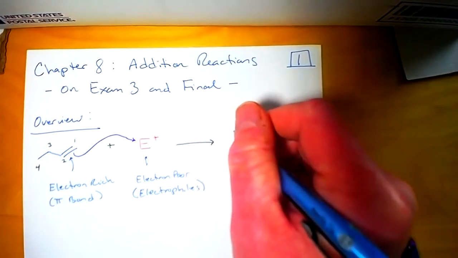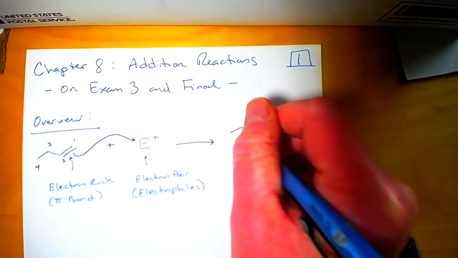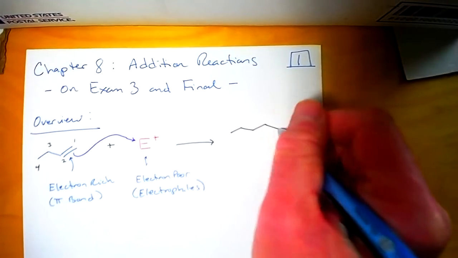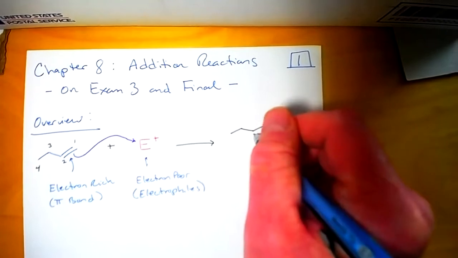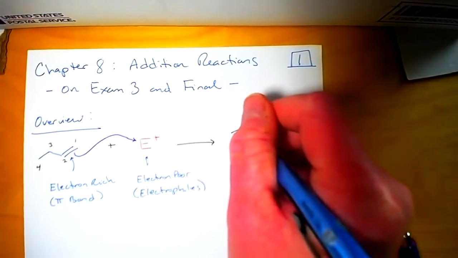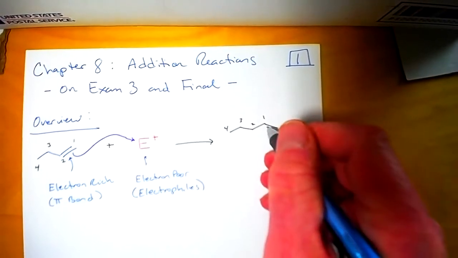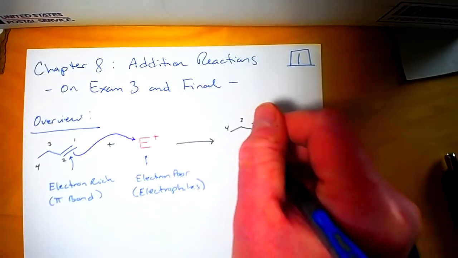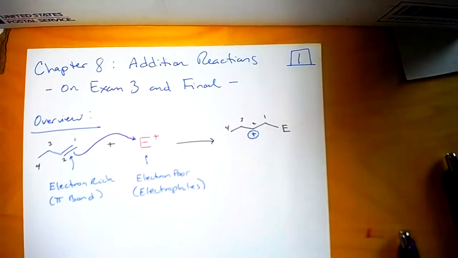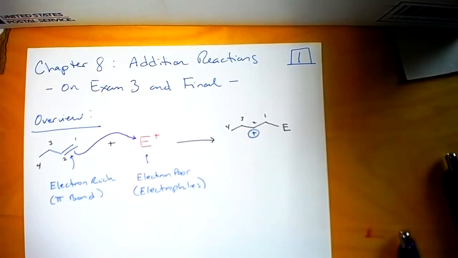So when this happens, redrawing our system, you really have one of two places that you could add that electrophile. Here I'm putting the electrophile on carbon number 1. So there's 1, 2, 3, 4. If you put an electrophile on carbon number 1, then that means you have to put a positive charge on carbon number 2, because now there's no longer a double bond there.